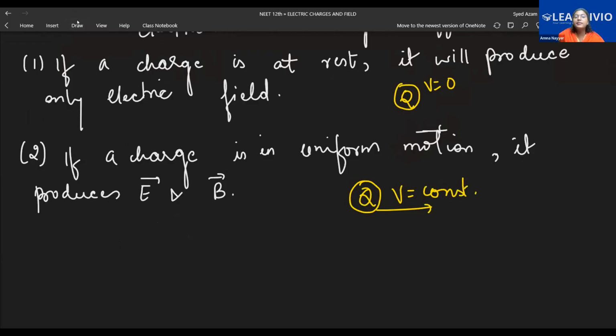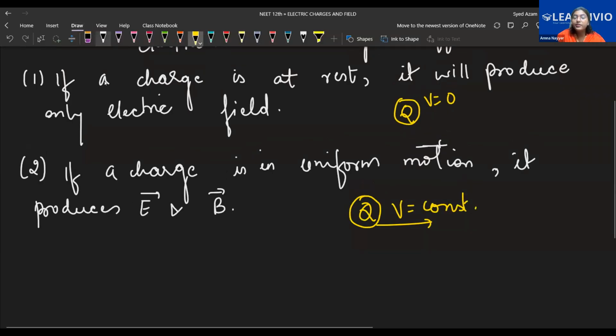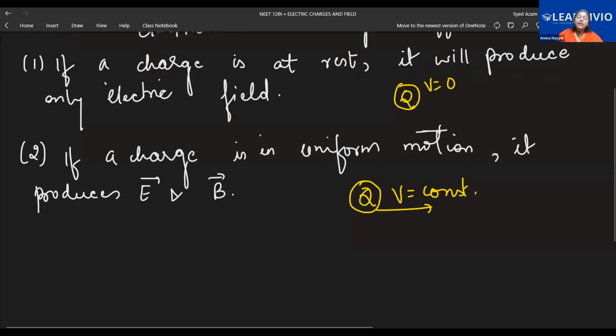The third case that is possible is if the charge is moving in non-uniform motion. So when the charge is moving with non-uniform motion, velocity can be different. Different time intervals can be there or different distances can be covered. See, speed is distance by time. So either your distance will remain constant and time will change, or time will be constant and distance will change, like this.